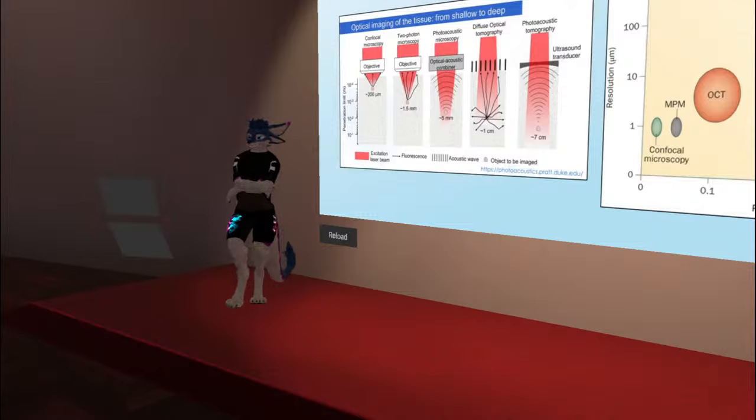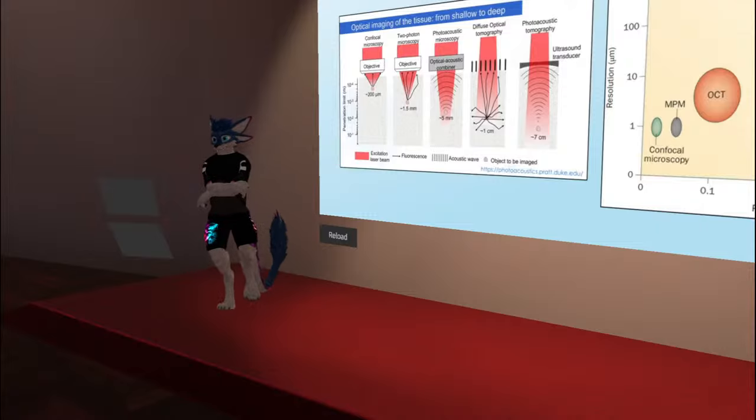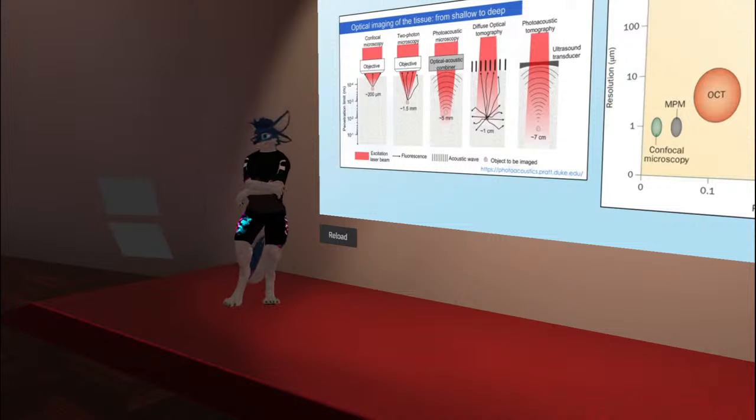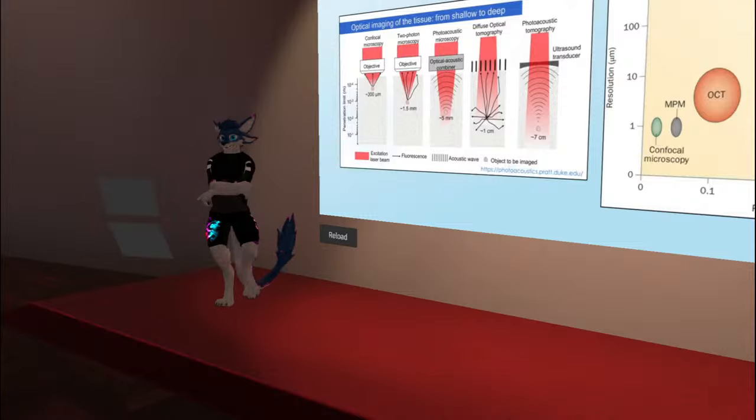Even working in regular UV, not extreme UV, but regular UV in the 200s range, you very quickly run out of materials. Among common materials, you have calcium fluoride and UV fused silica, and they realistically only go down to about 190 or so.